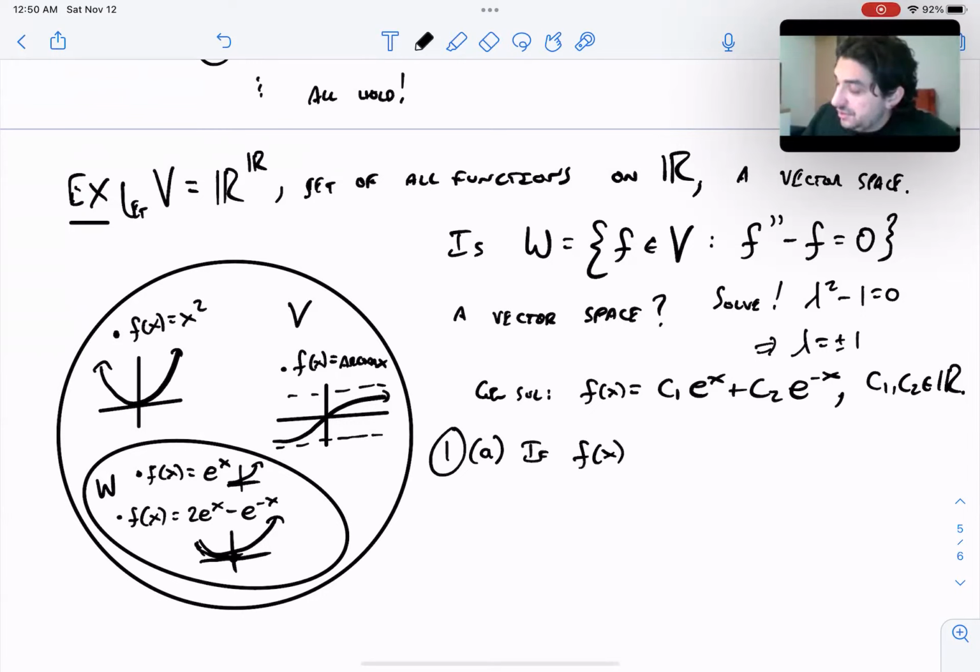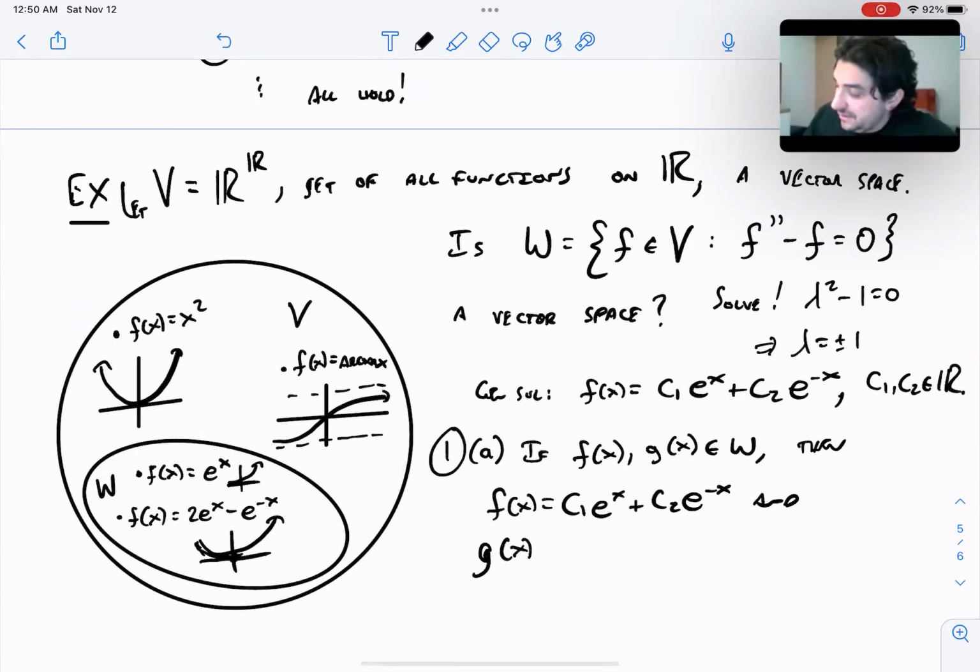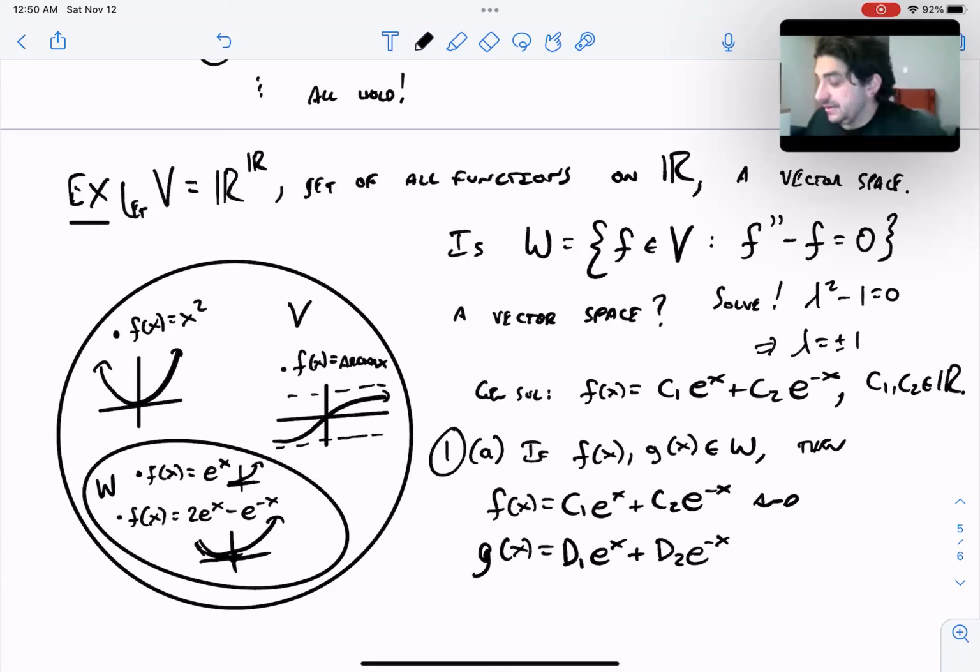If you have two functions in W, what do you know? Well, you know that they're both of this form: constant times e to the x plus constant times e to the minus x. Not necessarily for the same constants. So let's call them c1, c2 for f and d1, d2 for g.